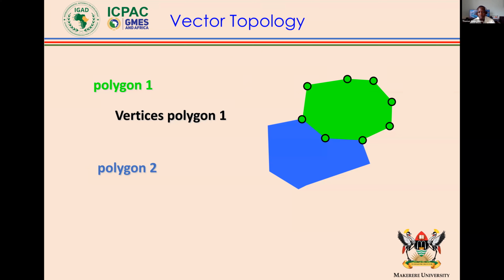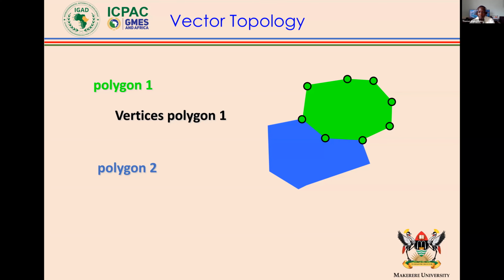Remember, what we're trying to do is to say the relationship between polygon 1 and polygon 2 should be enforced. We don't want polygon 1 having its own boundary and polygon 2 having its own boundary.